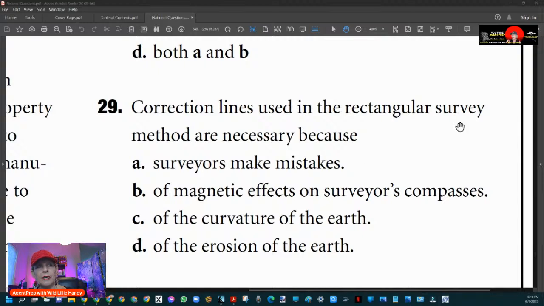The government rectangular survey has 36 sections. It has a township, and it doesn't have a lot and block like we use in city limits. Rectangular survey is typically used for more acreage, okay, out in the country.